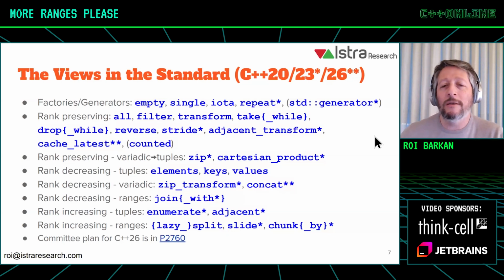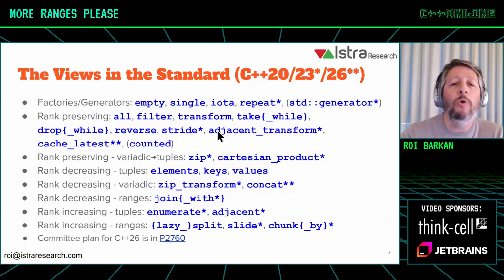Tuples are an extra dimension that is known at compile time, whereas a range on its own is something that's only known at runtime. So, for example, a range of strings can be considered as a range of ranges of characters, whereas a range of tuples, where each tuple is 3 characters, is also like a rank 2 type of object, but for each element its dimension is known at compile time.